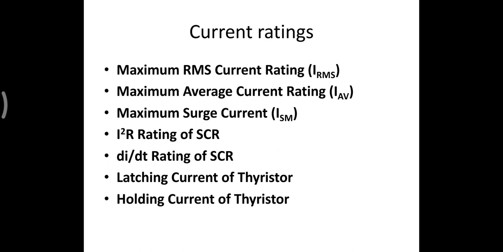Next, maximum surge current rating. Next, I square t rating of SCR. Next, dI/dt rating of SCR. Next, latching current of SCR. Next, holding current of SCR. So let us see how these are defined.